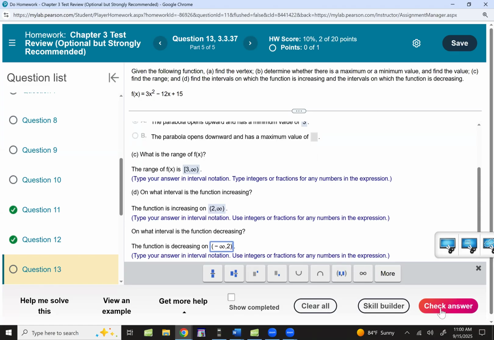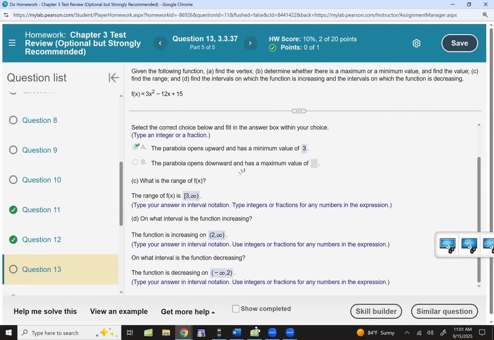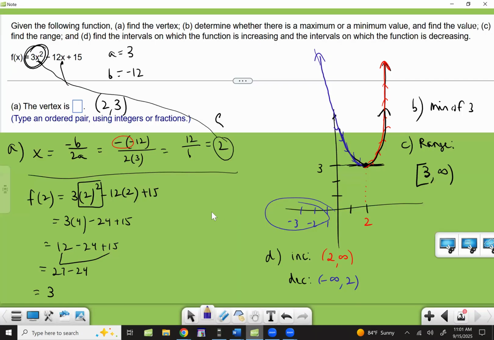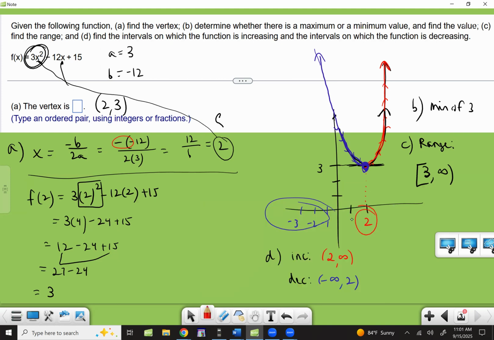Now, one thing I do want to address is we're always going to use parentheses on these increasing, decreasing questions, because right here is where a decreasing meets an increasing. So at the value 2, you can't definitively say, oh, I'm increasing there.